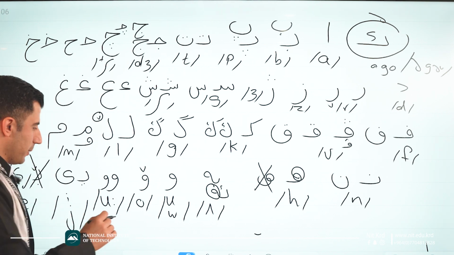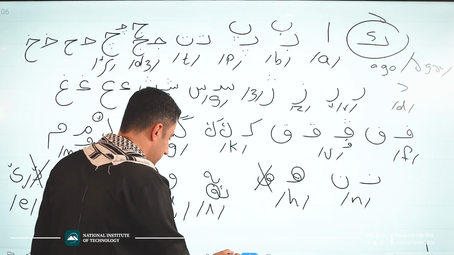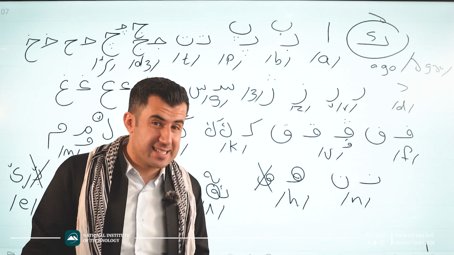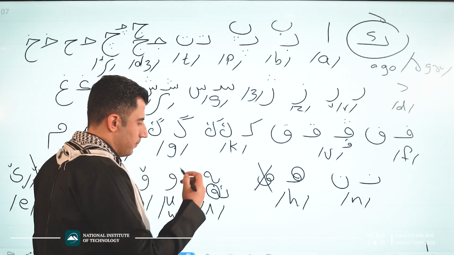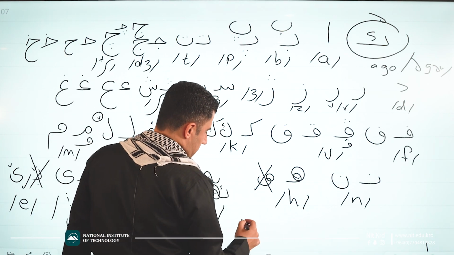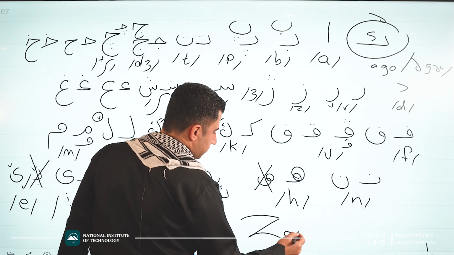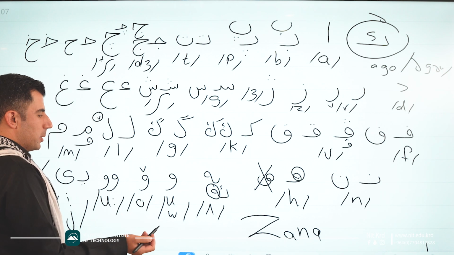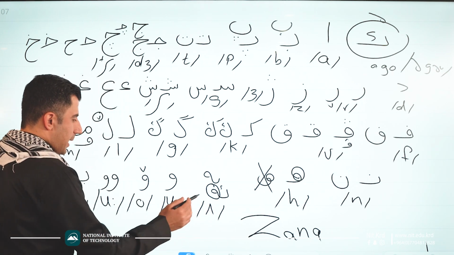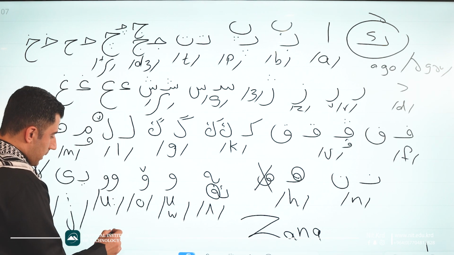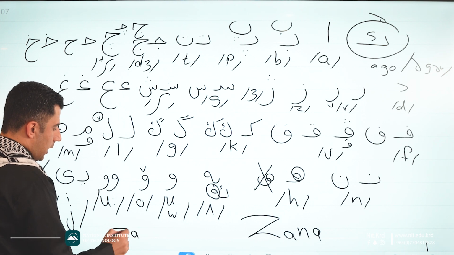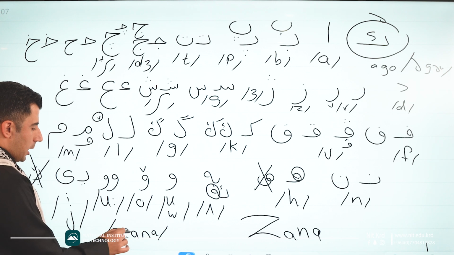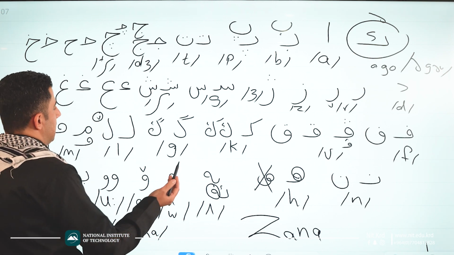The last thing I want to tell you for this lesson, let me write down my name, because I told you my name is Zana. Let me tell you how we pronounce it. My name is Zana. In English, the phonetic transcription for Zana is Z, A, N, A. In Kurdish, let me find z.